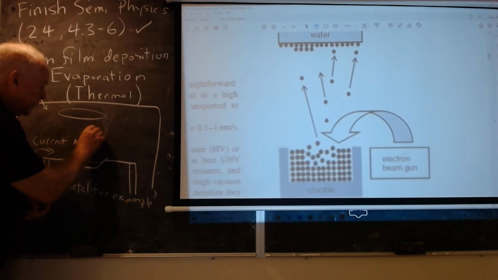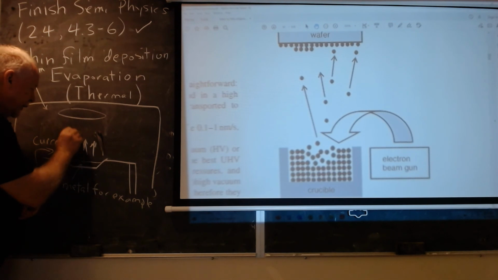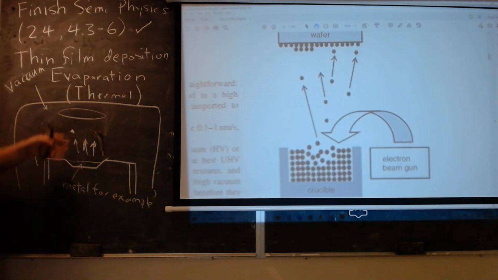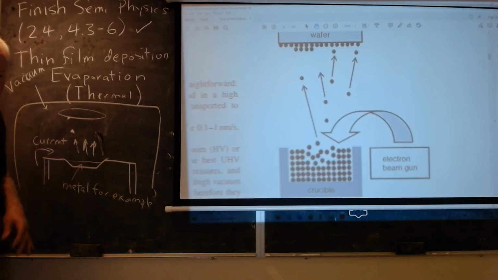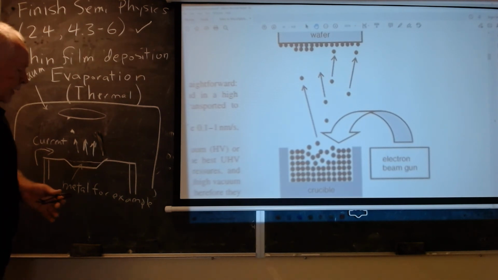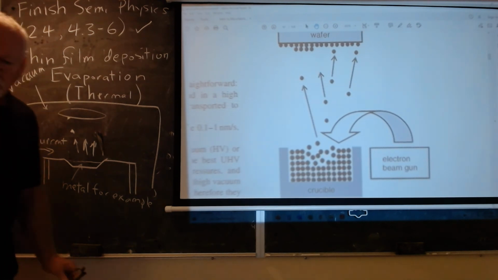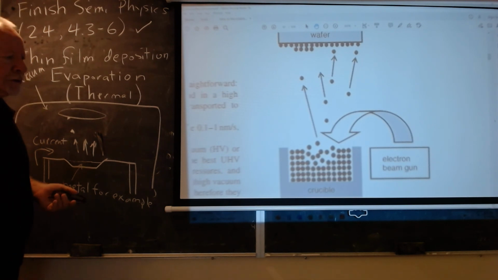You might get an actual particle of gold that comes spitting off of here and then hits your wafer, and that's not a nice thing. You don't want things like that. And so electron beam may not have that problem as much as thermal evaporation.